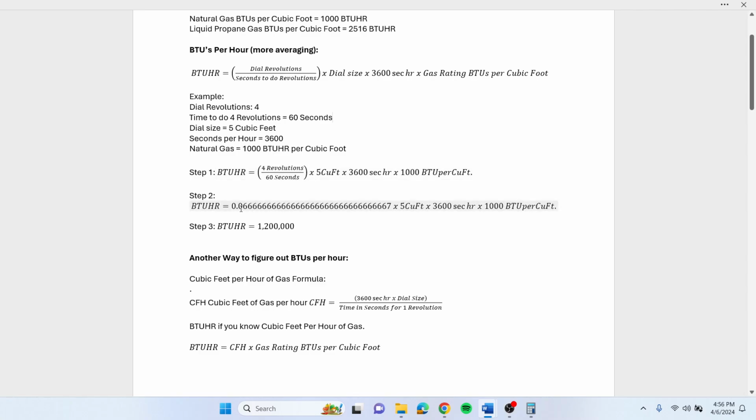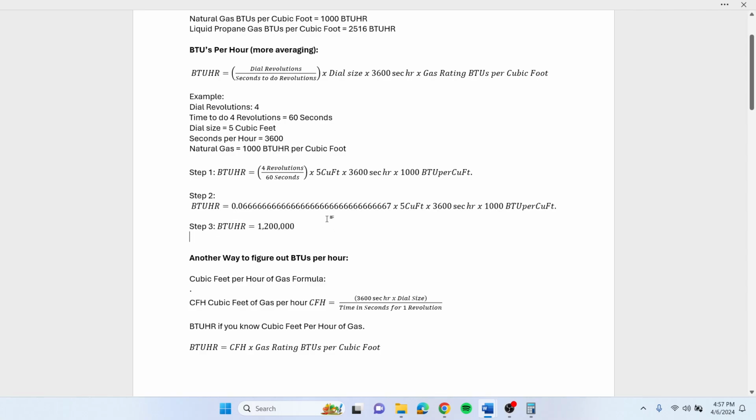The 4 divided by 60 ends up being this long decimal, 0.066, times 5 cubic foot dial times 3,600 seconds per hour times 1,000. So you end up at 1.2 million BTUs an hour.